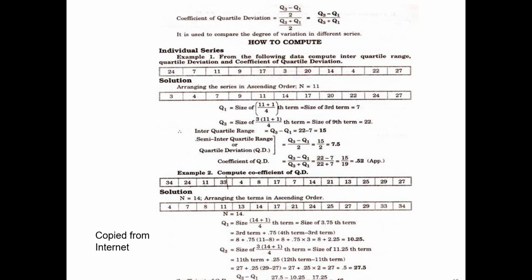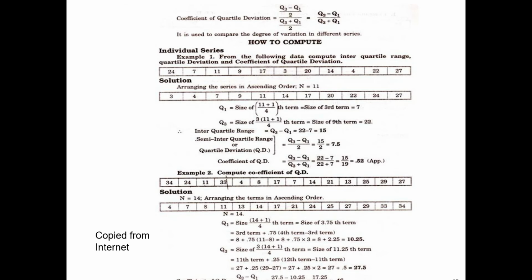This I have copied from the internet, because I am not able to get one question where I can show you all the calculations. Due to the shortage of time, I can't demonstrate its power in a problem. For that I am very sorry.